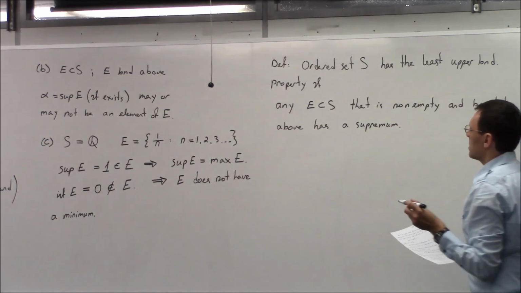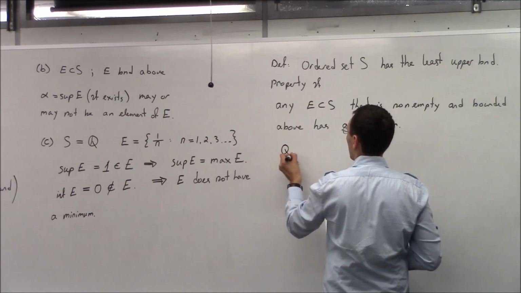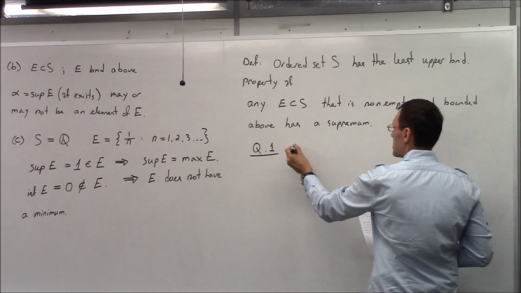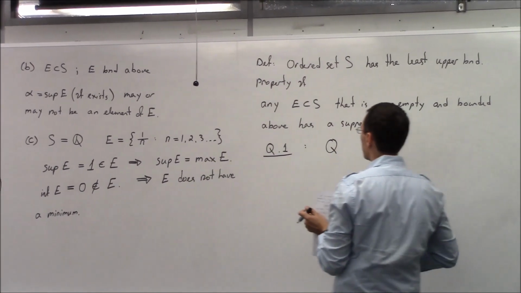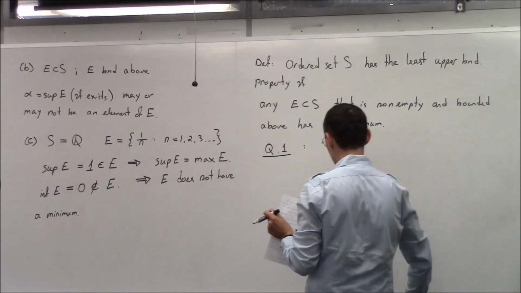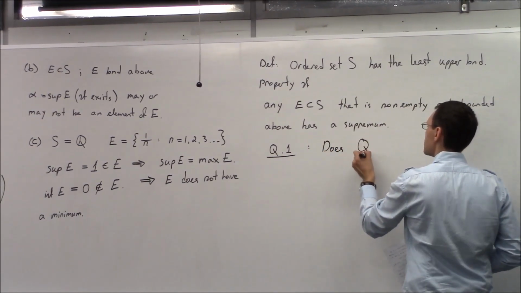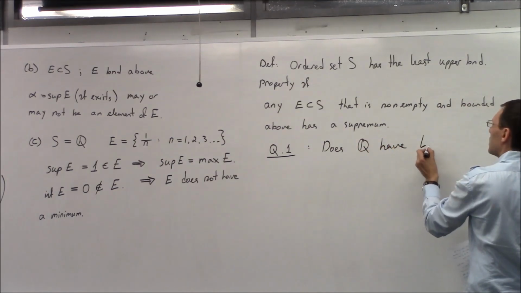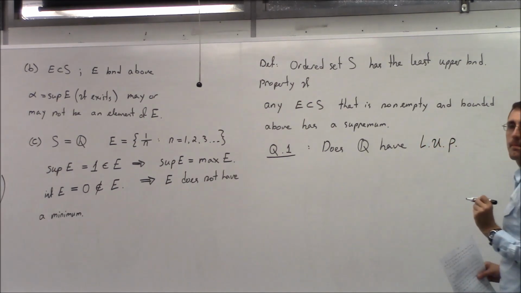Okay. So let me ask you a few questions. Question 1. See if you understand this. Does Q have the least upper bound property? I will abbreviate it as least upper bound property. Okay?